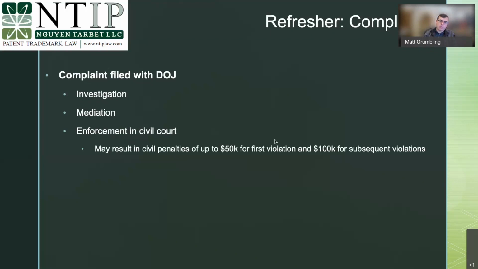So here's an idea, and this is a ballpark of what you could end up facing. You can end up facing civil penalties of $50,000 for a first violation and $100,000 for subsequent violations.